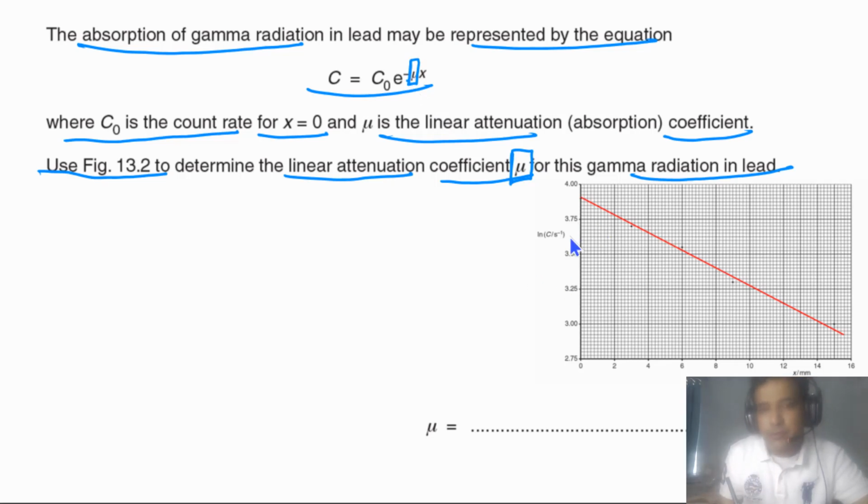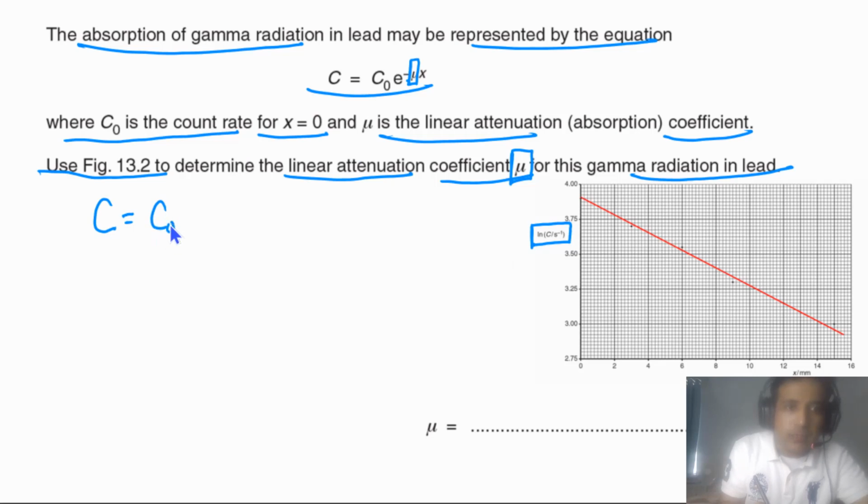But if you look at this figure, we have ln of C on the y-axis. So we have to take ln on both sides. We write C is equal to C0 e to the power of negative mu x. This is the typical equation for an exponential curve.